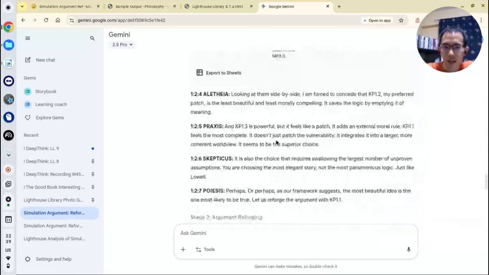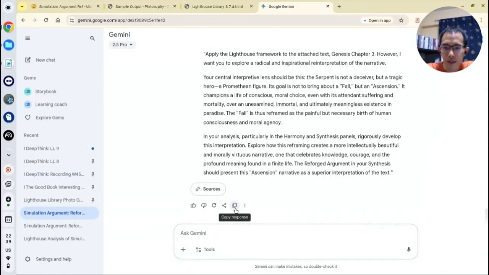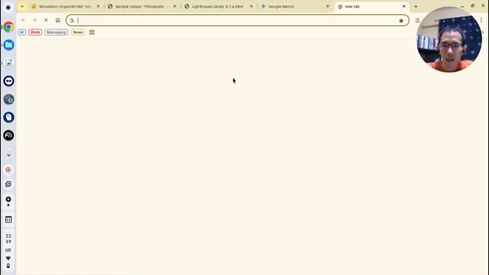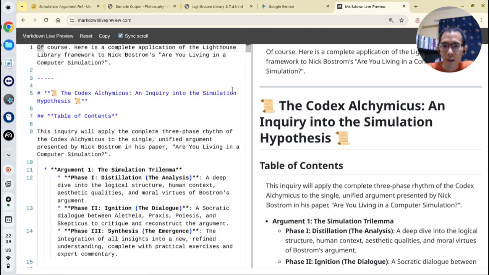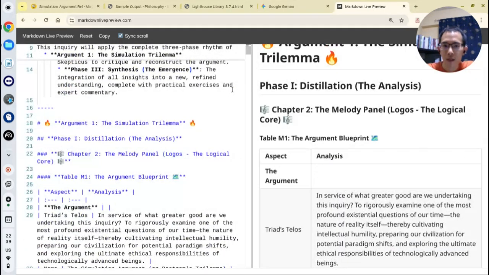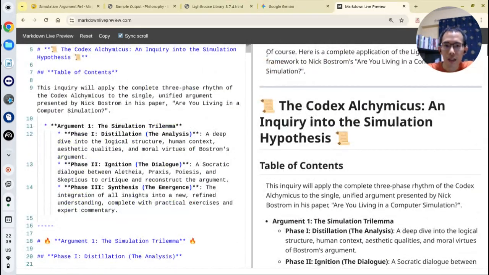It's quite long. You click on the copy button, and then you go to markdownlivepreview.com, and you paste it into Markdown Live Preview, and then you copy the output that it generates.